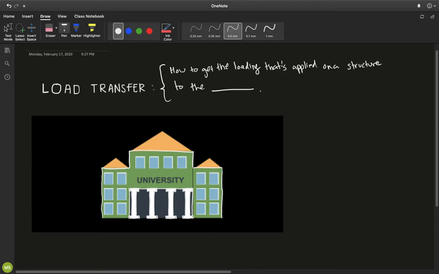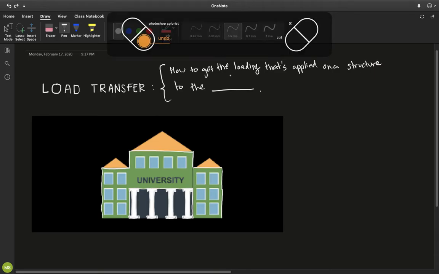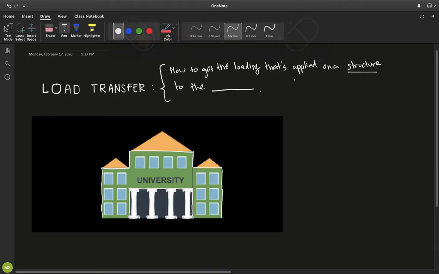So how to get the loading that's applied on a structure to the foundation. So that's kind of what we're talking about with load transfer.